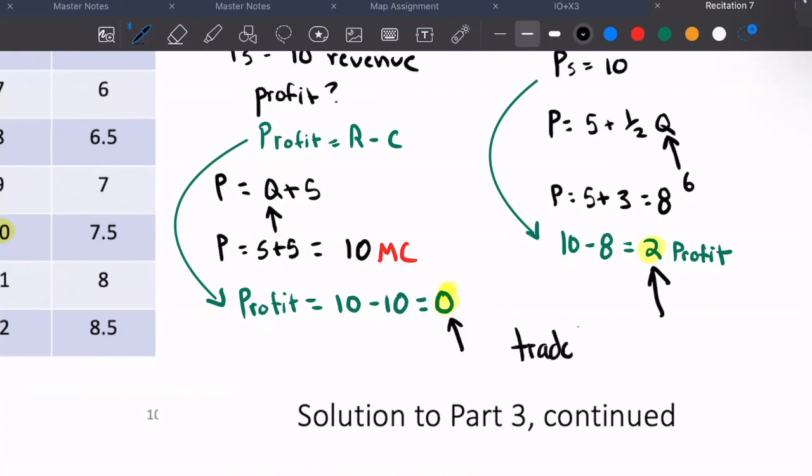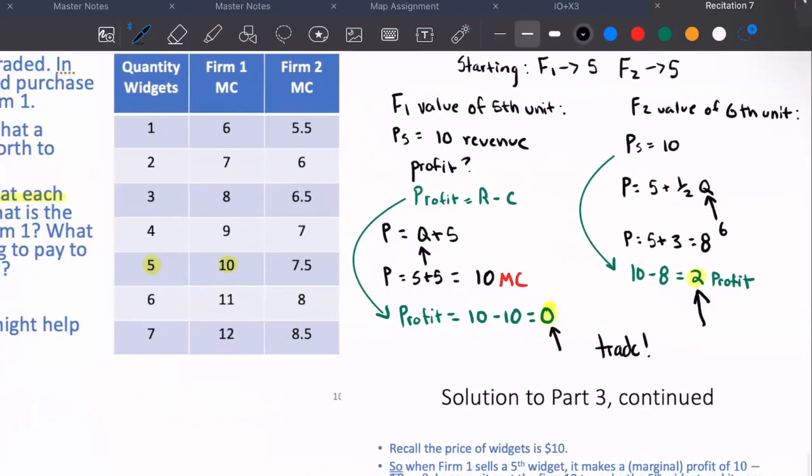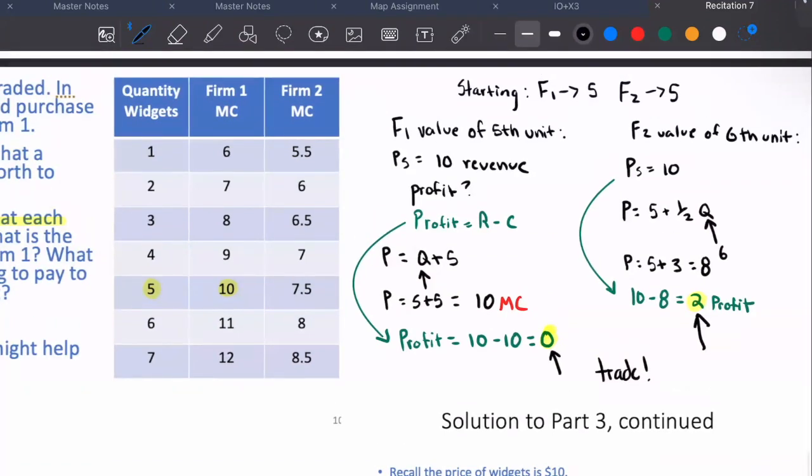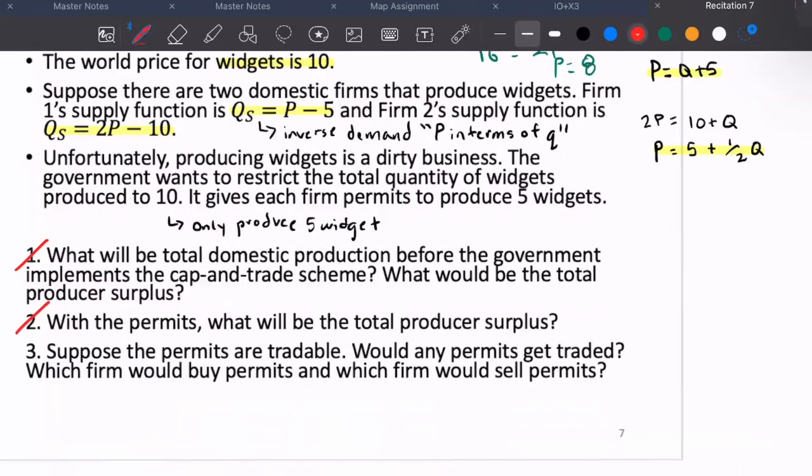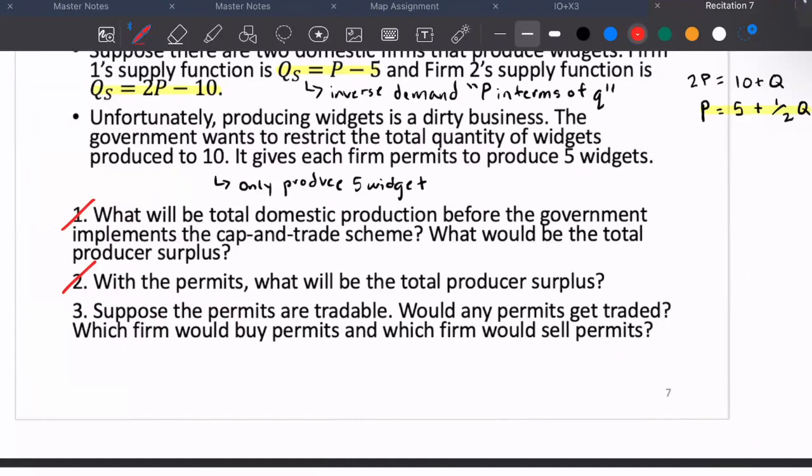Yes, they're going to trade, and now firm 1 is going to have 4 permits, and firm 2 is going to have 6 permits. So that answers our first part of the question, which is, would any permits get traded? Yes. Which firm would buy permits and which firm would sell permits? Firm 1 sells permits, and firm 2 buys.